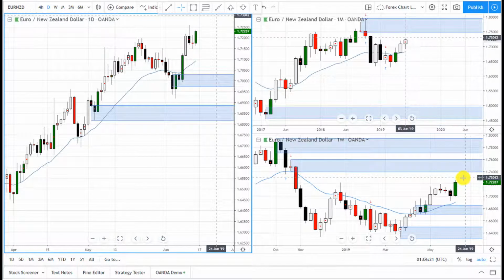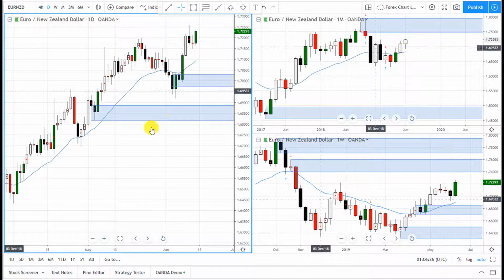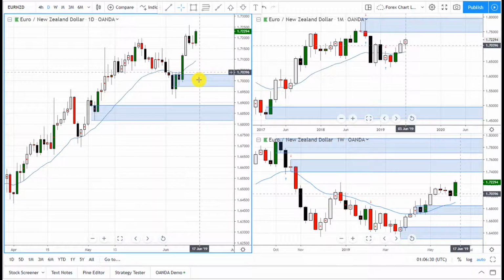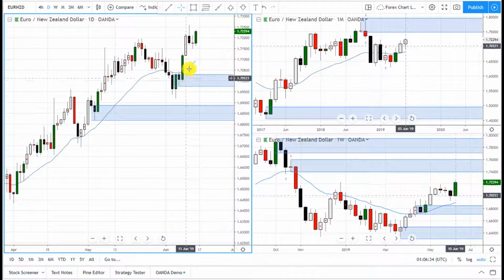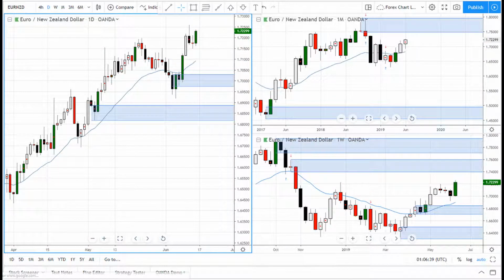But there's a little bit more room to go, and you can see even on the monthly there's a little bit more room to go. So if this drops into this zone on the daily, we can think about going long, only if and only if it creates more time.